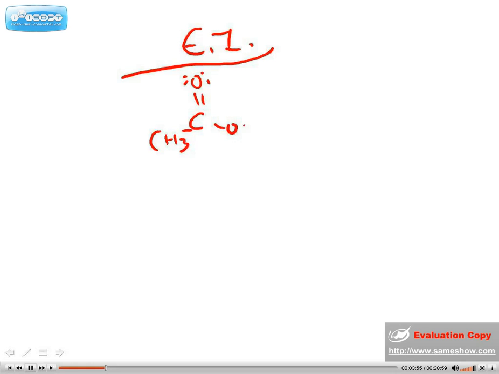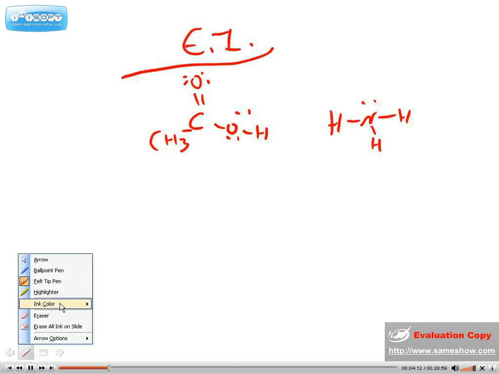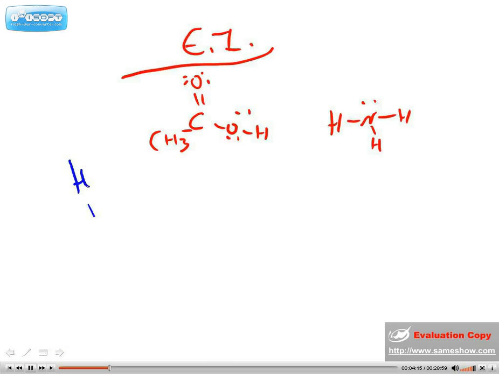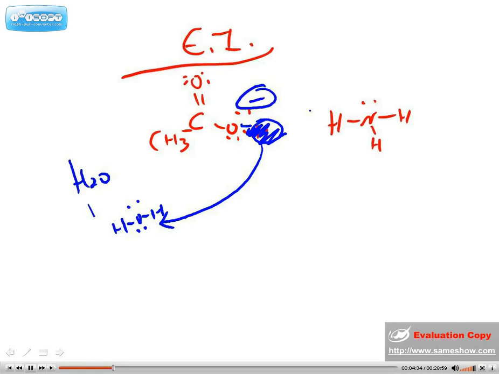So in this case, I could have a carboxylic acid and an ammonia. And what happens is when we put it in water, water will react with a carboxylic acid. The hydrogen will come off and stick to the water, and it will then form a negatively charged, what we call a carboxylate.